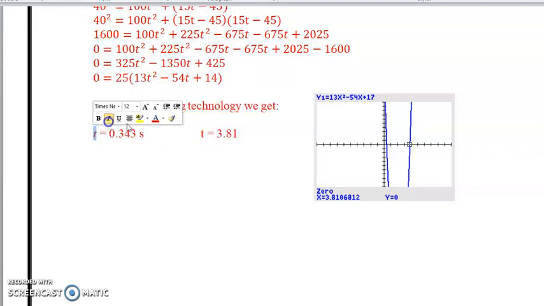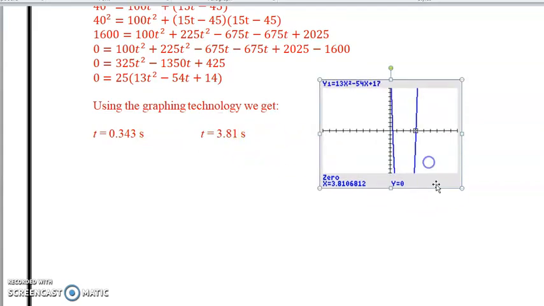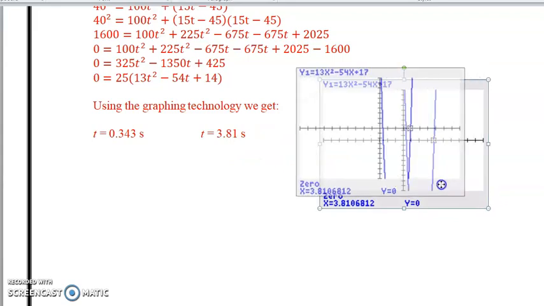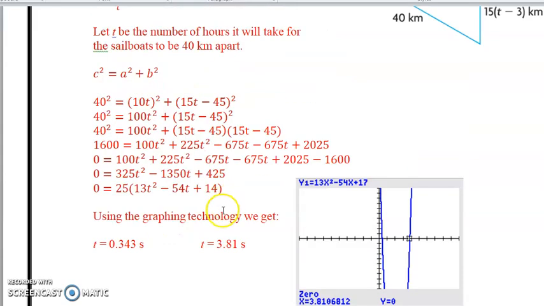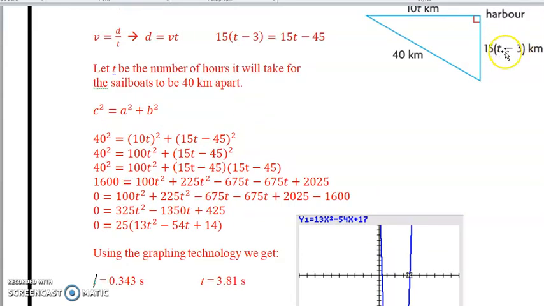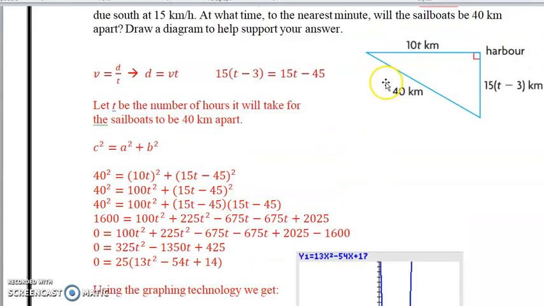Again, you can use the quadratic formula that we used in previous lessons, but if it doesn't say to use algebraically, I'm going with my graphing technology. That doesn't answer the question, though. This one here is too small. Obviously, this is what's called an inadmissible value, because if you put t in up here for time and subtract 3, you're going to get a negative time, which can't be the case.